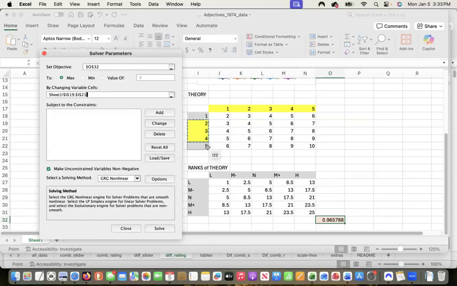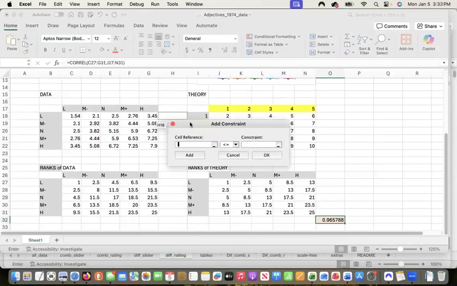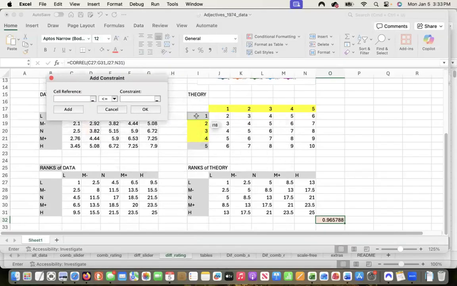and I know that these things are basically monotonic in this case. I know that these three scale values have to be between 1 and 5. So I'm going to add the constraint. Now we're adding constraints, and we're going to add the constraint that this number will be less than 5 and it'll be greater than 1.